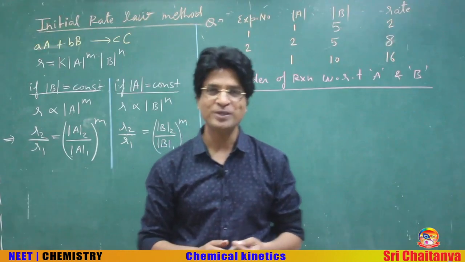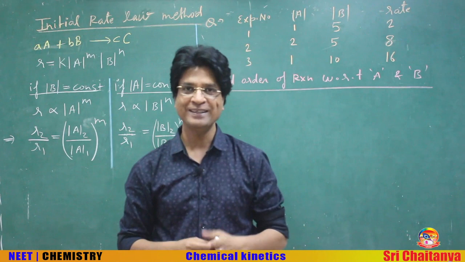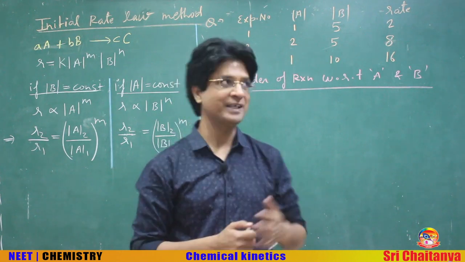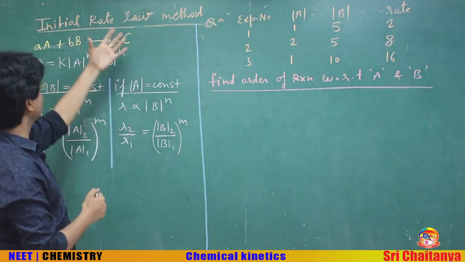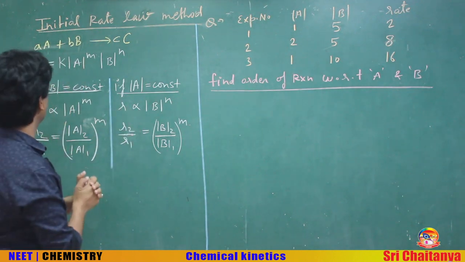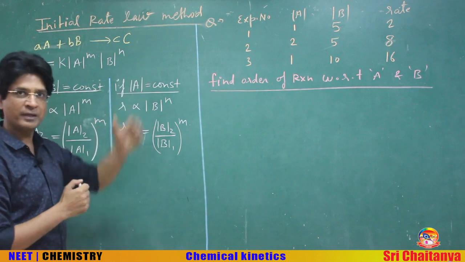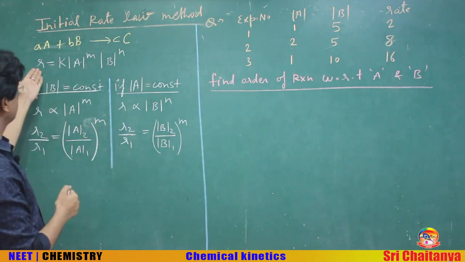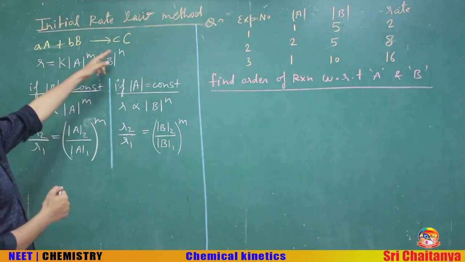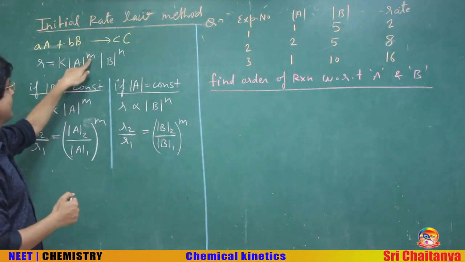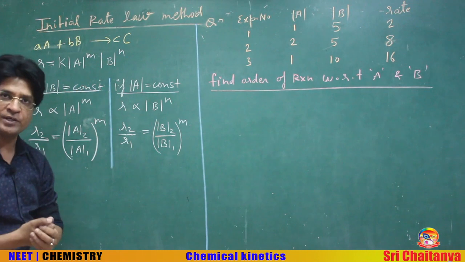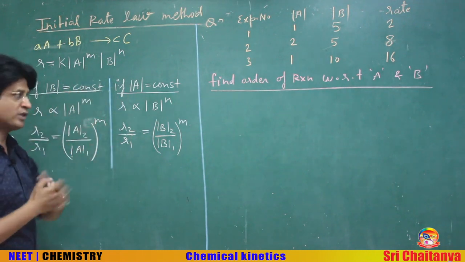Okay. So students, the second method to find out the order of reaction is the initial rate law method. In this method, in the examination hall they will give you a reaction. And suppose the rate law for this reaction can be written as R equals K, A to the power of M and B to the power of N, where M and N are the orders of reaction with respect to A and B respectively.